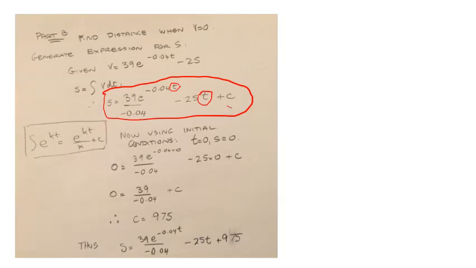Of course, we've still got a c in there, so we need to solve it for c first. Again, we use initial conditions. Time is 0, displacement is 0. So when you substitute a 0 in for time everywhere, and a displacement of 0 everywhere, you end up getting this expression for c, and then we plug it back in, and we've got ourselves a pretty good looking displacement expression down the bottom there.